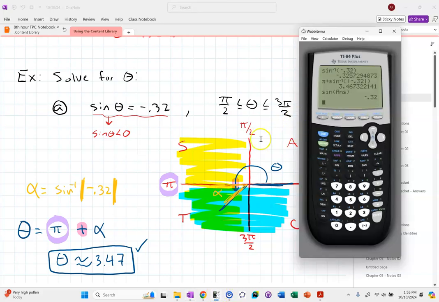The other half of our check is that this 3.47 has to be in between pi over 2 and 3 pi over 2. Well, pi over 2 is just 1.57, so we're bigger than that. And 3 pi over 2 is 4.71.